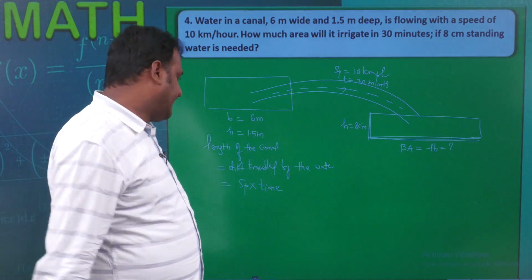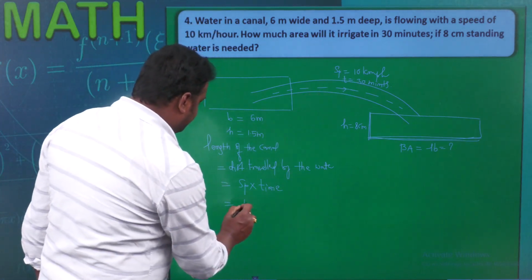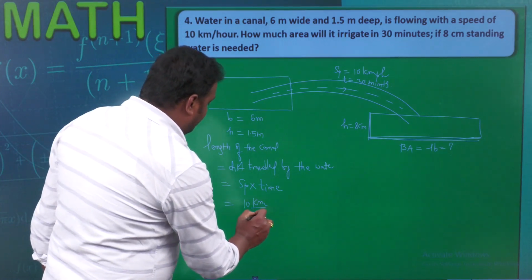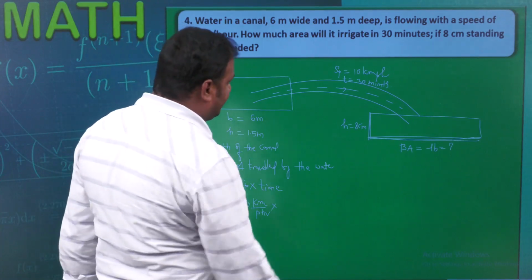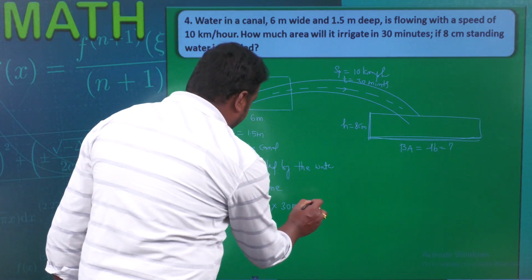Am I clear? Right. So here speed is equal to 10 kilometers per hour multiplied by time, which is 30 minutes.